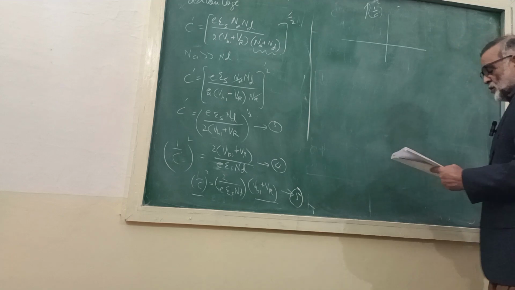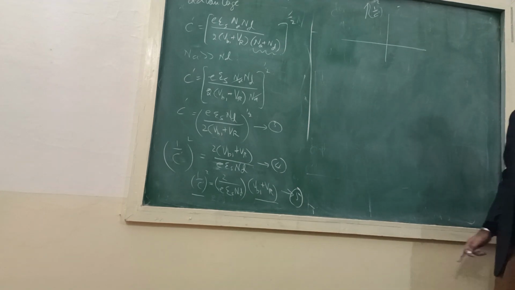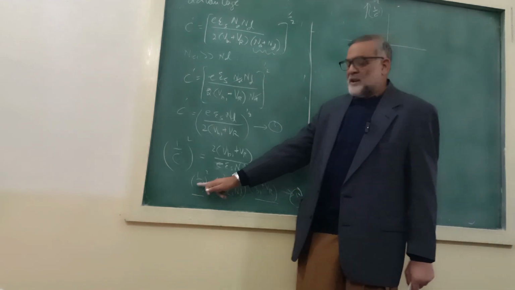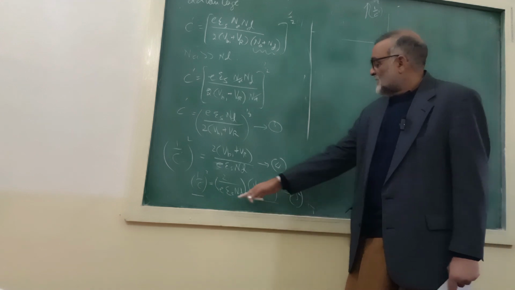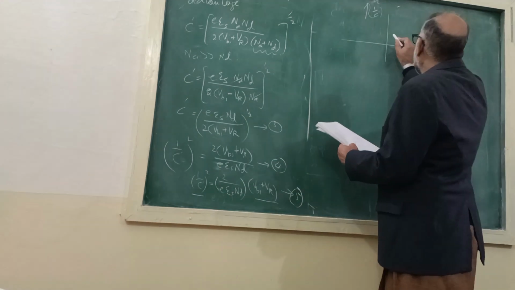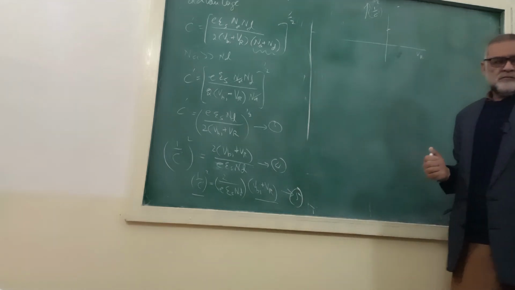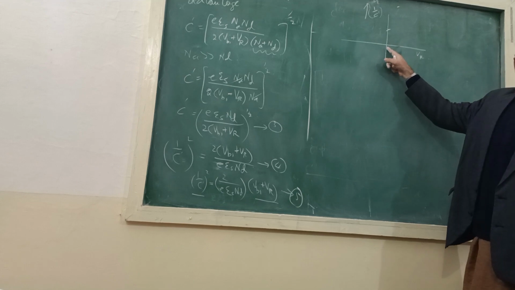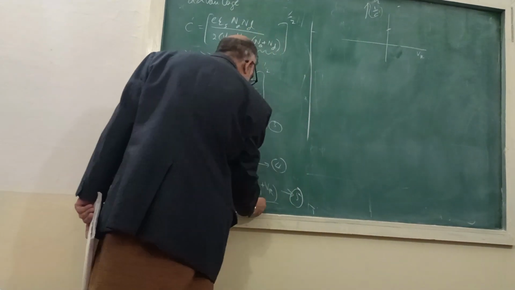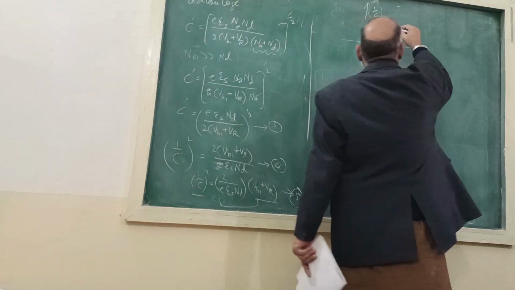When VR is equal to 0, 1 over C square is not equal to 0. It has some value. Let that be this value. If VR is equal to 0, 1 over C square has this certain value, at this place.